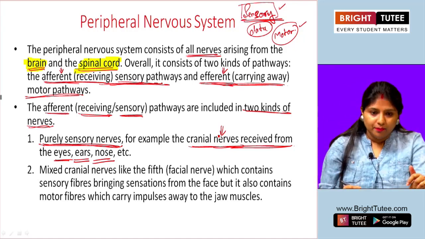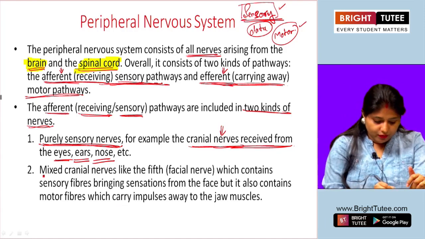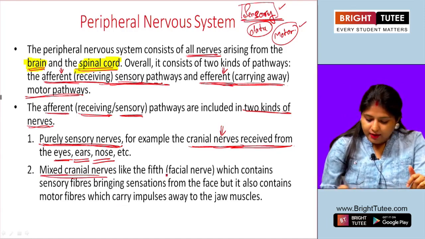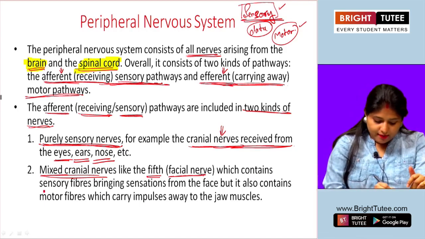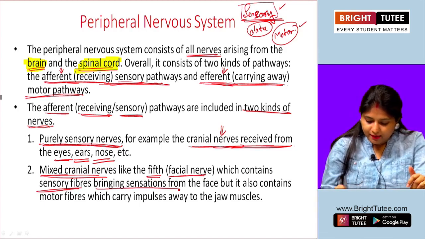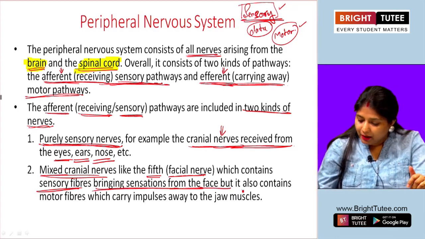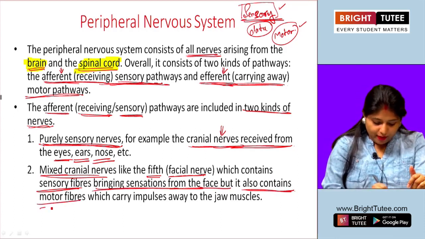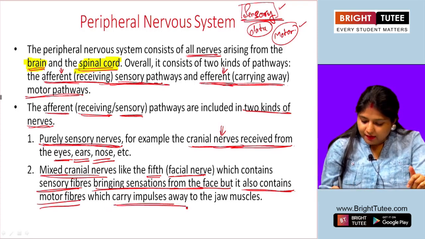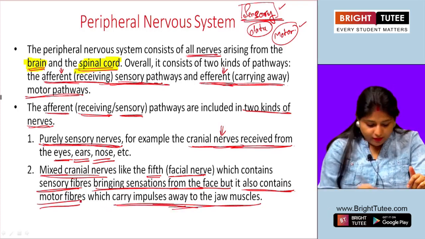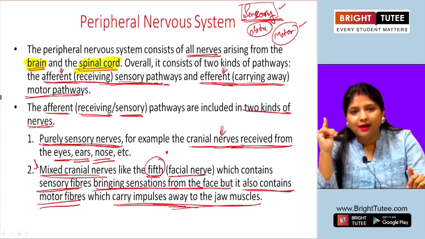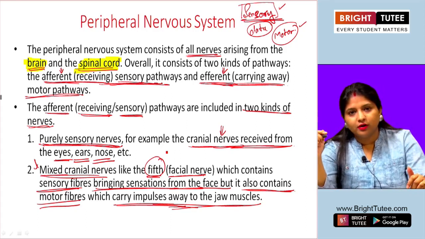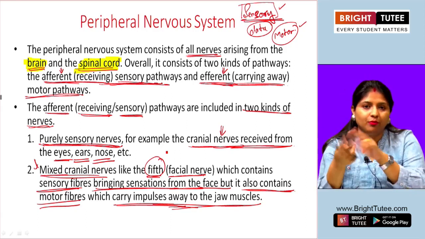Then there are other type of afferent nerves. Those are the mixed cranial nerves, like the fifth, that is the facial nerve, which contains sensory fibers bringing sensations from the face. But it also contains motor fibers which carry impulses away to the jaw muscle. So this is the mixed cranial nerve, and the number 5, the nerve which is numbered as fifth, that is the facial nerve, which contains both the type of fibers.